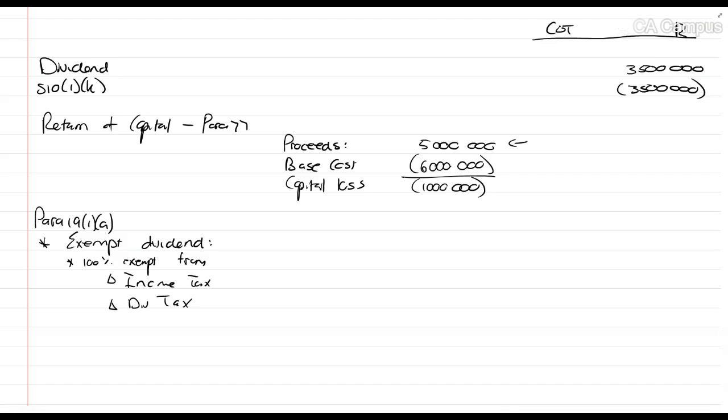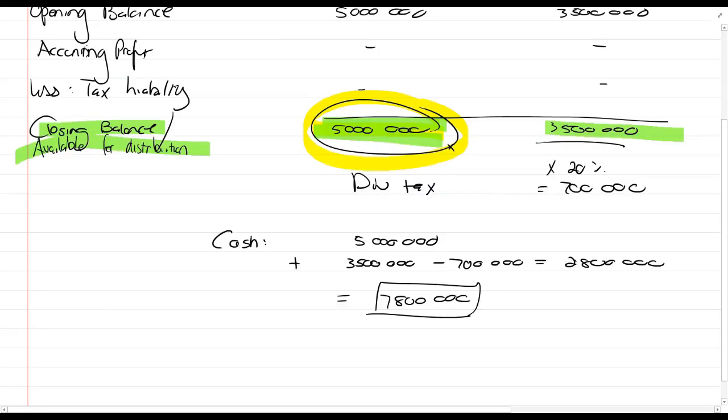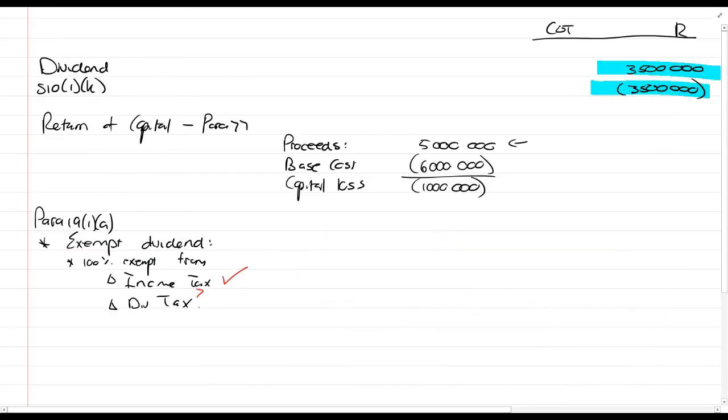Now, let's quickly talk about it. Here's the dividend, the income tax implication. Can you see it's 100% exempt? Yes, it is. Was there any dividends tax paid though? Yes, there was. So it's not 100% exempt. So our exempt dividend amount in this case is nil. I'm going to write here, only allow the portion that exceeds the exempt dividend.